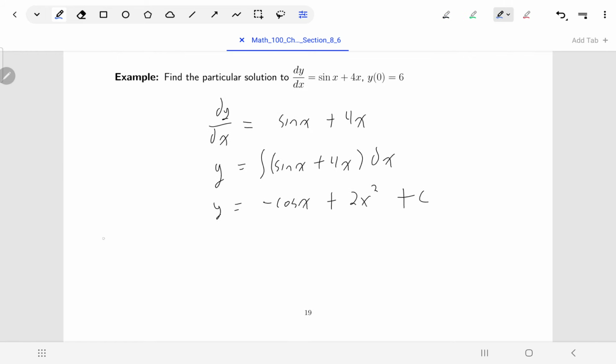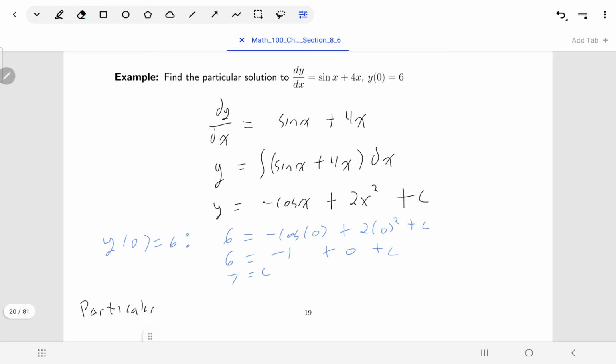Now, if I wanted to use my fact that I know that y of 0 equals 6, that means that I would have 6 is my y value when 0 is my x value. And I can go ahead and solve and find that c should be equal to 7. So that means now I can give my particular solution by writing in that constant 7.